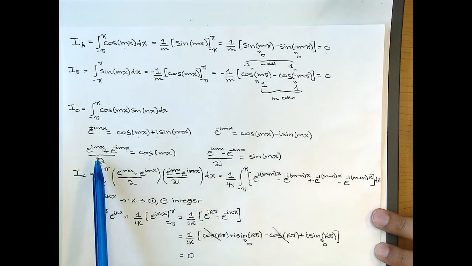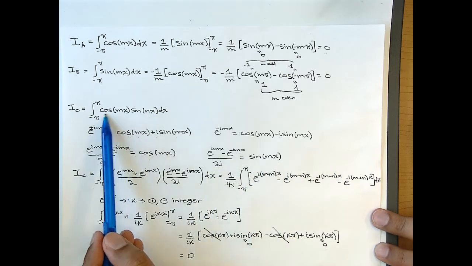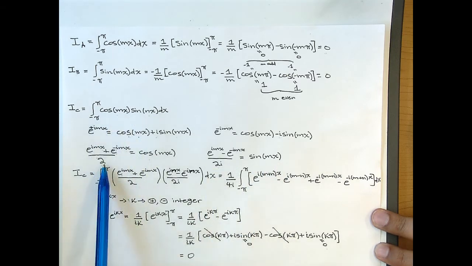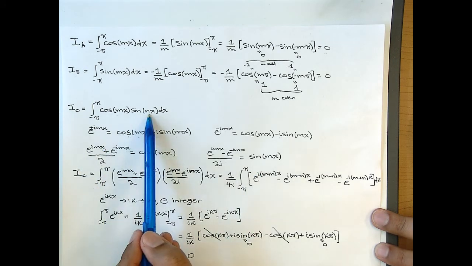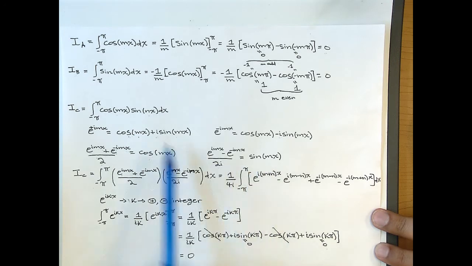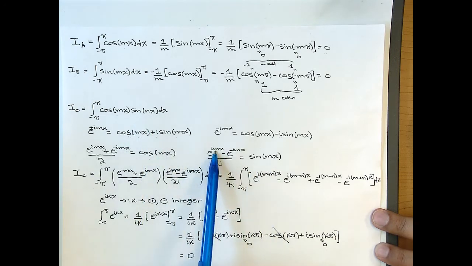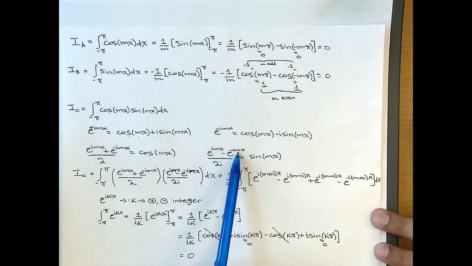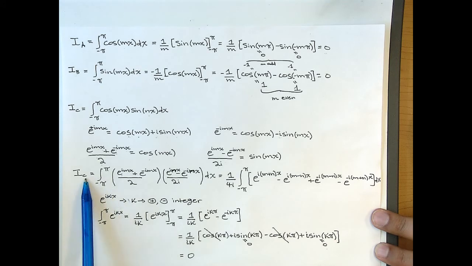So now what we're going to do is, for the cosine of mx, I'm going to substitute this expression in. And for the sine of nx, I'm going to substitute this expression in, with the m, of course, replaced by n. Okay, so this is what I have done here. So I have just substituted those expressions in.